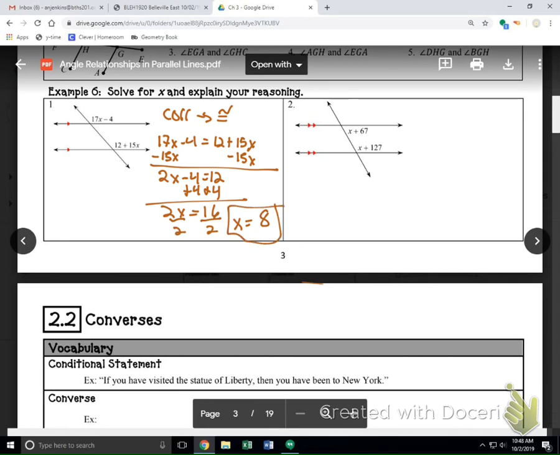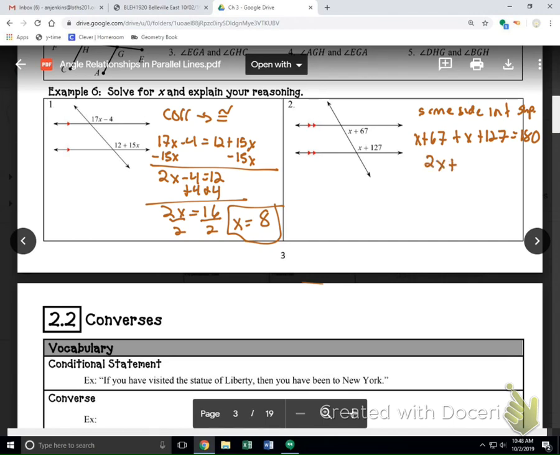Okay, our next one up, we have those two angles. What's the relationship of those two angles? Same side interior. We know same side interior are supplementary. So what we're going to do here is we have x plus 67 plus x plus 127 equals 180. We got to combine like terms that are on the same side of the equal sign. So x plus x gives me 2x.